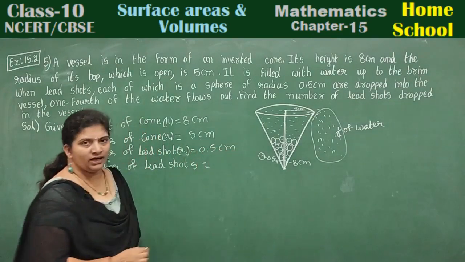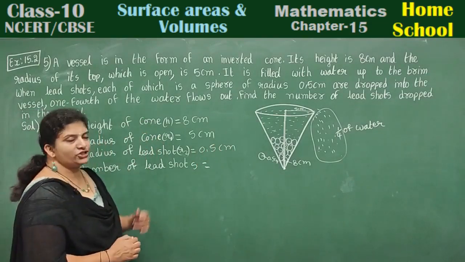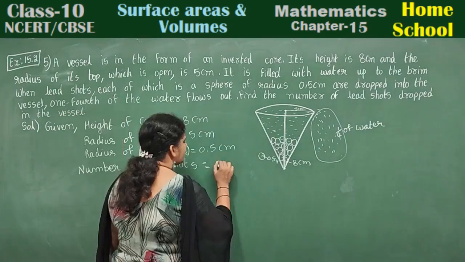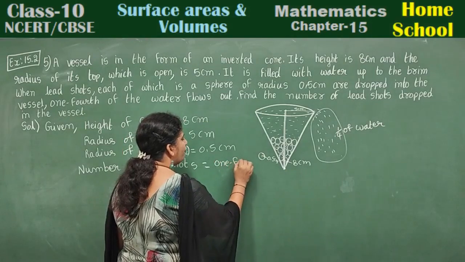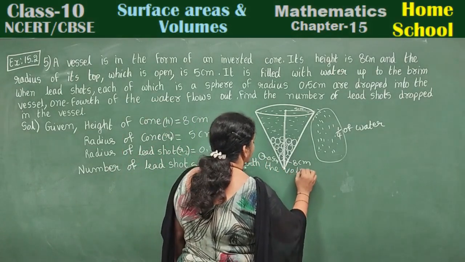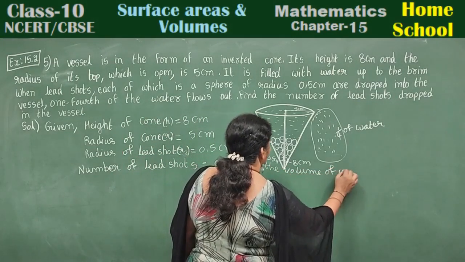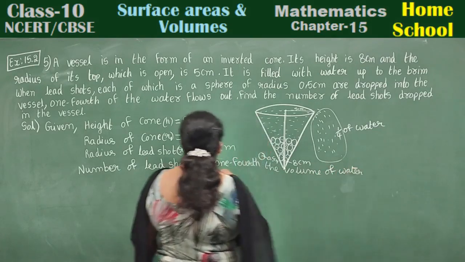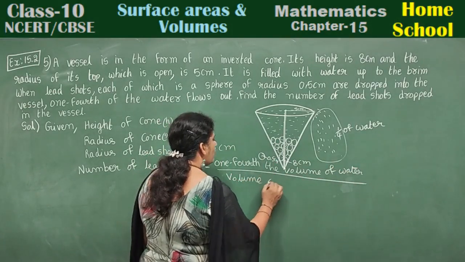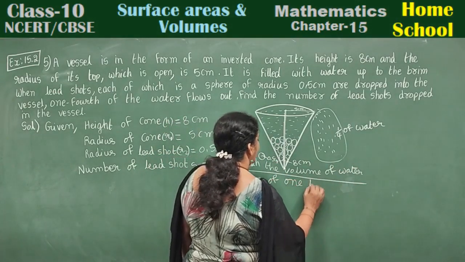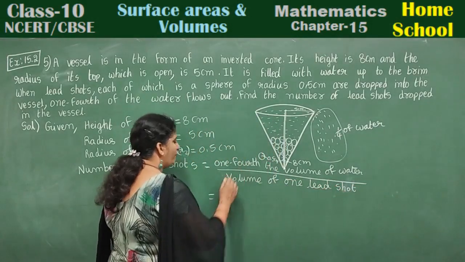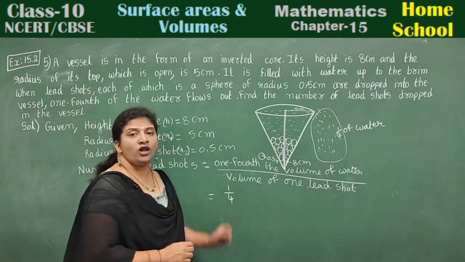Now, frame the formula. Number of lead shots. You need to find the number of lead shots, right? Number of lead shots is equal to 1/4 the volume of water by the volume of 1 lead shot. 1 by 4, volume of water.